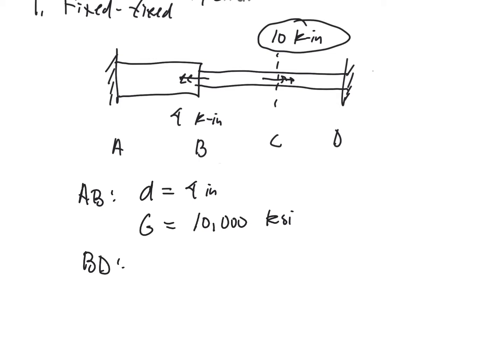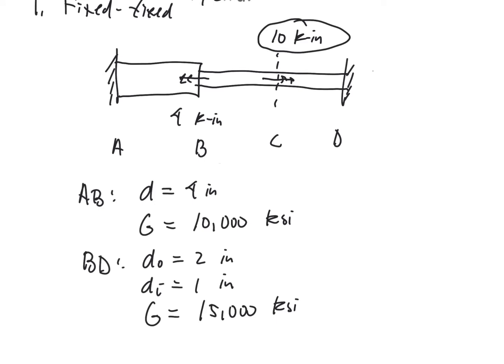We have a torque at C that is going to be a value of 10. And so we'll say that this one is hollow. So let's say that the outer diameter is 2 inches and the inner diameter is 1 inch. So it's hollow, and it has a G value of 15,000 KSI.